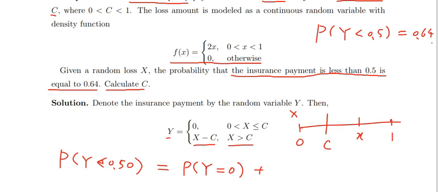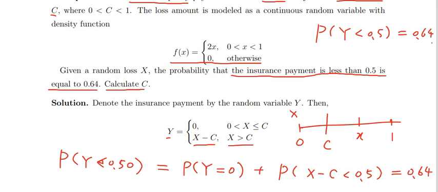So the payment is x minus c, right? So this payment is less than 0.5. Okay, so this probability is thus.